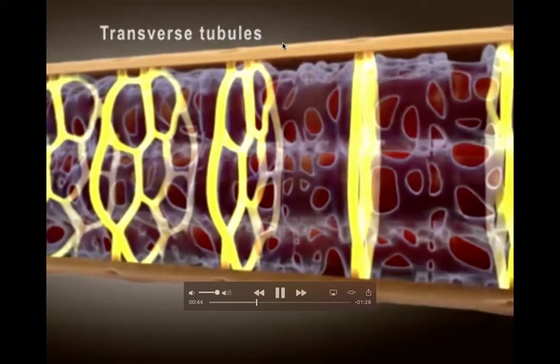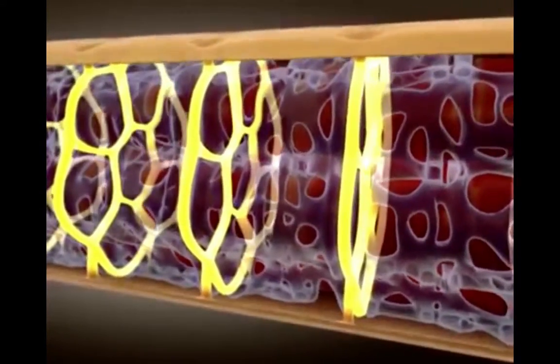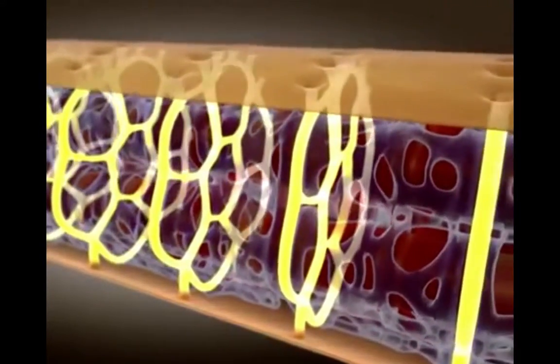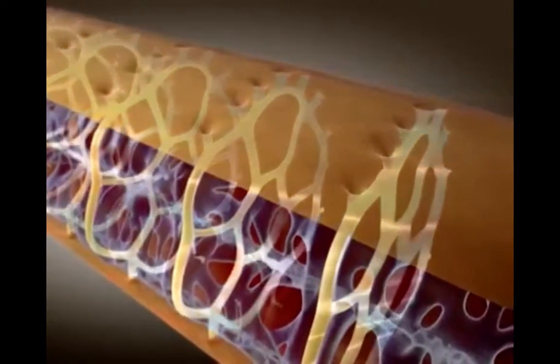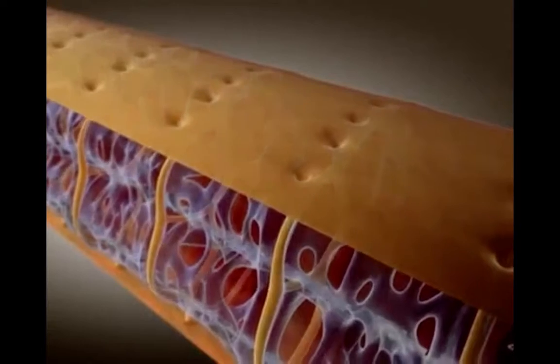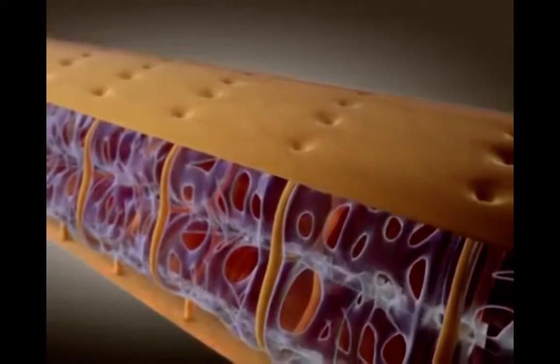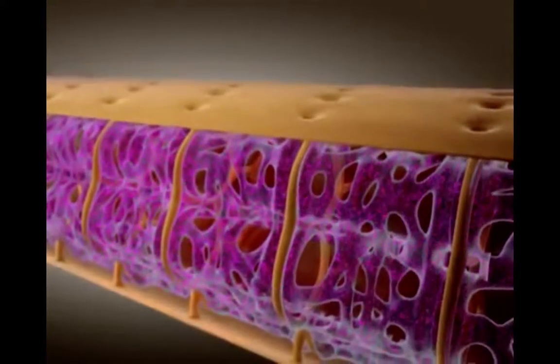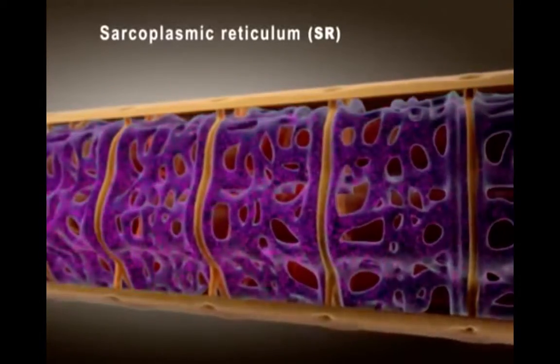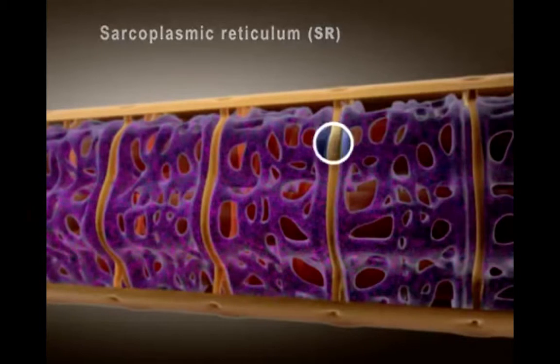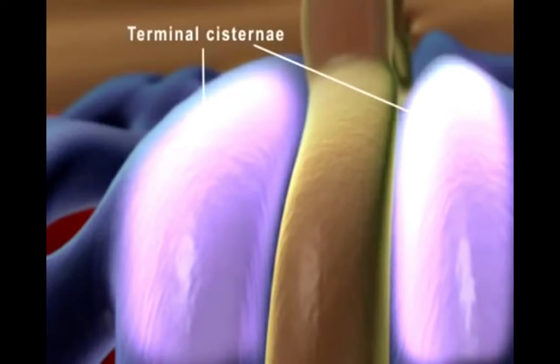Transverse, or T-tubules, are regularly spaced foldings of the sarcolemma that branch extensively throughout the muscle fiber. At numerous junctions, the T-tubules make contact with the calcium-storing membranous network known as the sarcoplasmic reticulum, or SR. Where it abuts the T-tubule, the SR forms sac-like bulges called terminal cisternae.